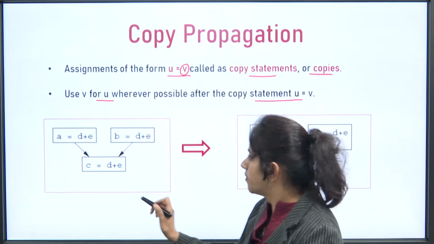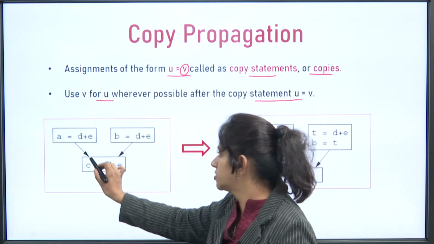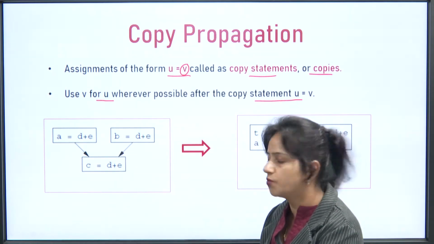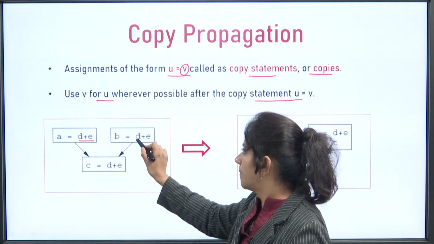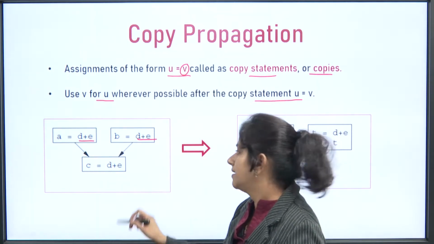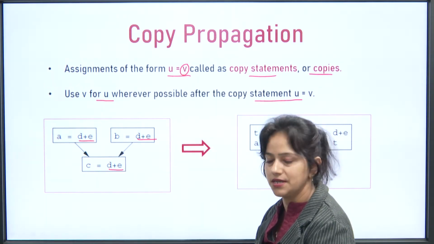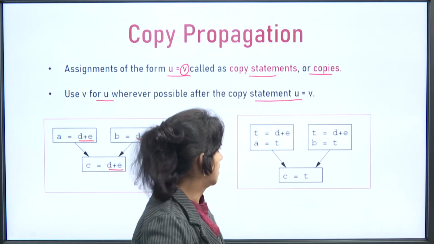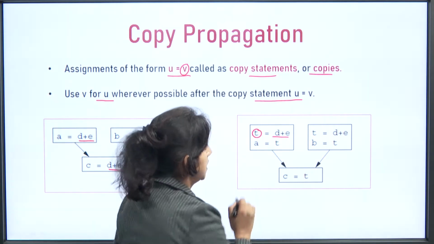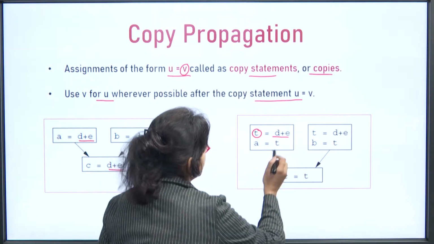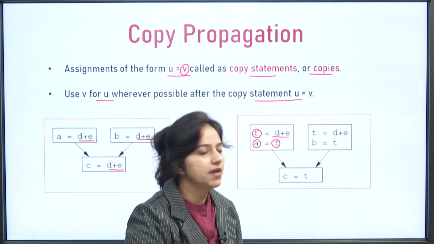Suppose we have this arithmetic expression and this flow graph. Here we are computing d plus e, here we are computing d plus e, and in this block again we are computing d plus e. What we can do here is take the computation in the variable t and then assign this t to a. This is a type of copy.